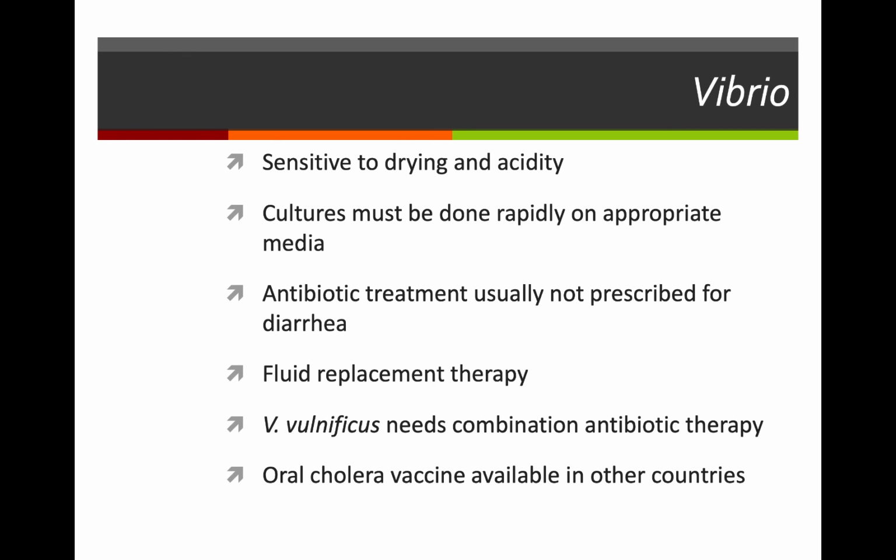There is an oral cholera vaccine available in other countries. Again, debatable efficacy, and the frequency of patients in the US getting cholera is very, very low. However, I do want to tell you, cholera is in the United States. So I worked during my PhD next to a lab that studied cholera and Francisella, which we haven't talked about yet, but we will.